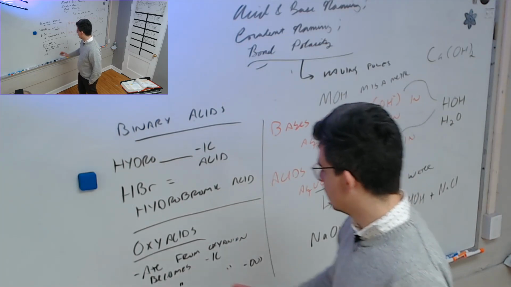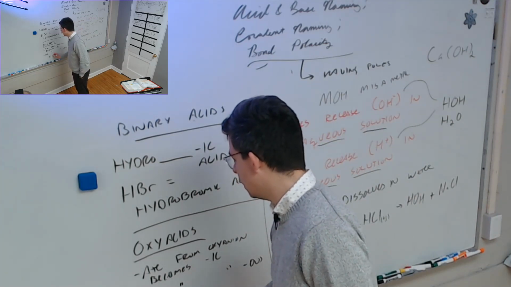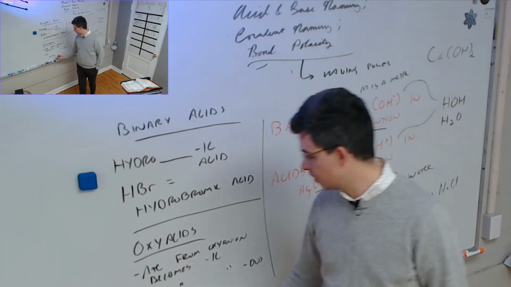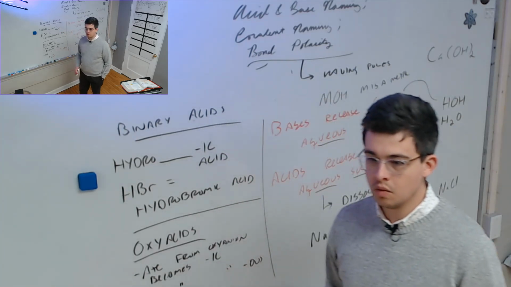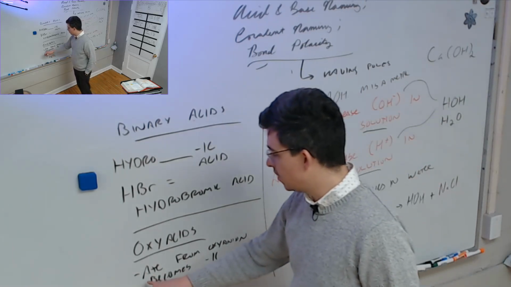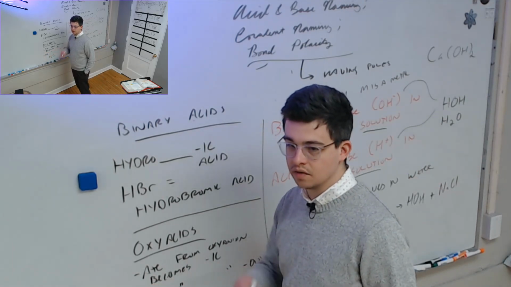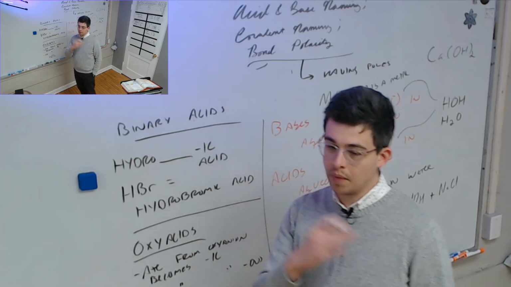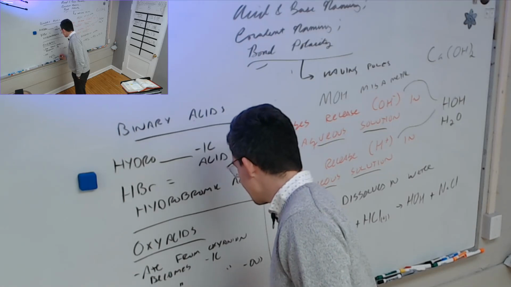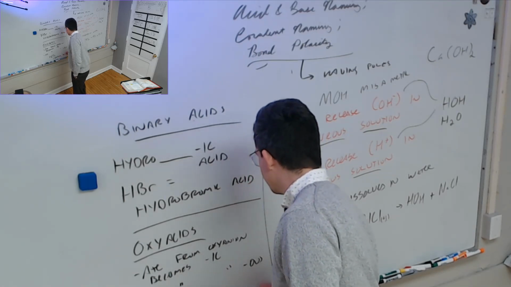So if we had H2CO3, what polyatomic ion is CO3? Carbonate. So now the ate becomes ic. Instead of carbonate, it's carbonic acid. So we add acid.